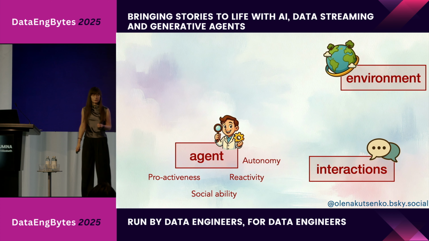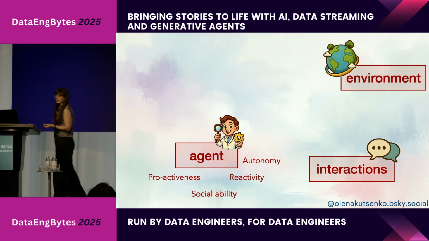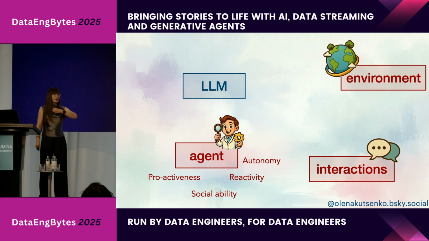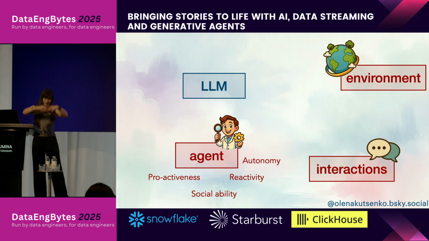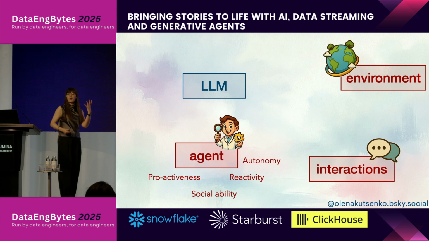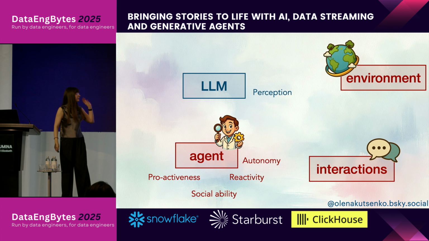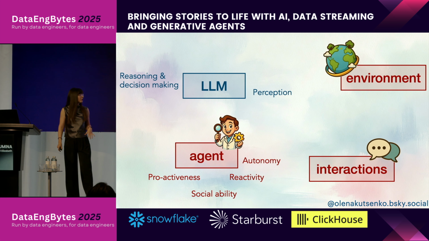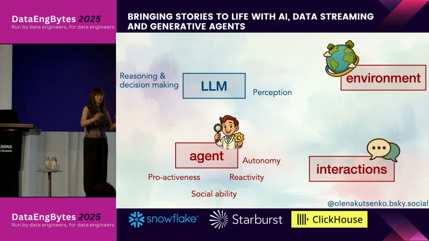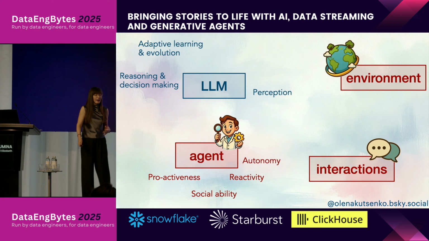However, large language models can add new volumes of knowledge to us. For example, they can increase the agents' perception of the world around them. Decision making also improves with large language models compared to how we were doing it before.